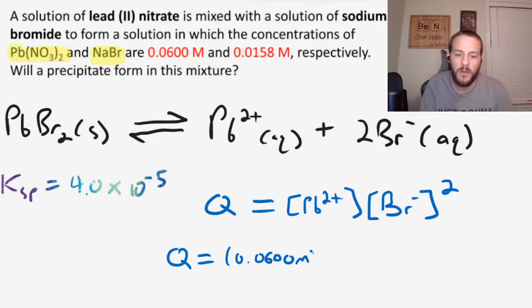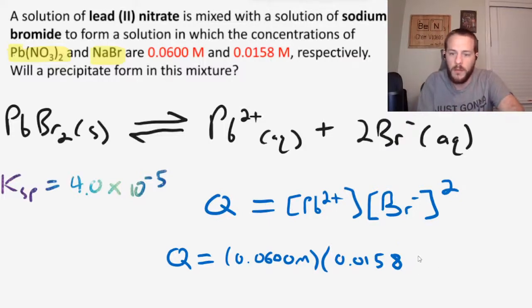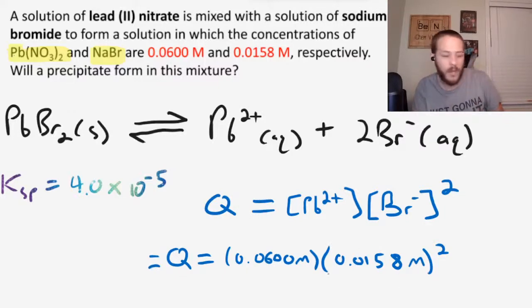And then what's the concentration of bromide ion? That would be 0.0158 molar, and that's squared. And so this value ends up being the result of this calculation right here.